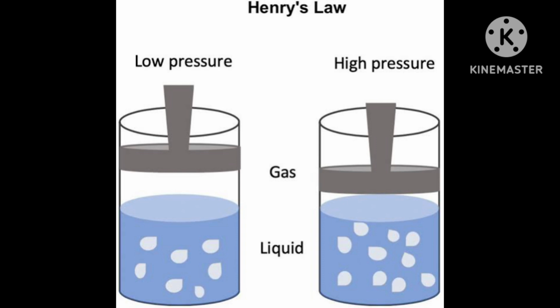The vapor pressure of the fruit will be less, and the bacteria's fluid pressure will be more. Then the water will come to the fruit side, and the bacteria will die. That's why osmosis works for preservation also.